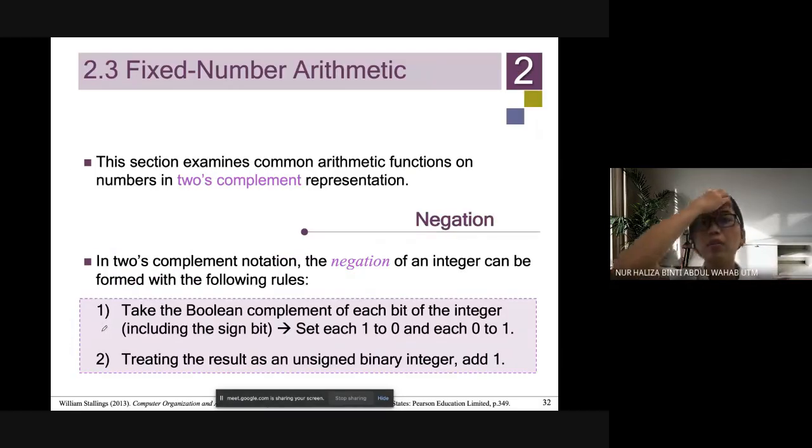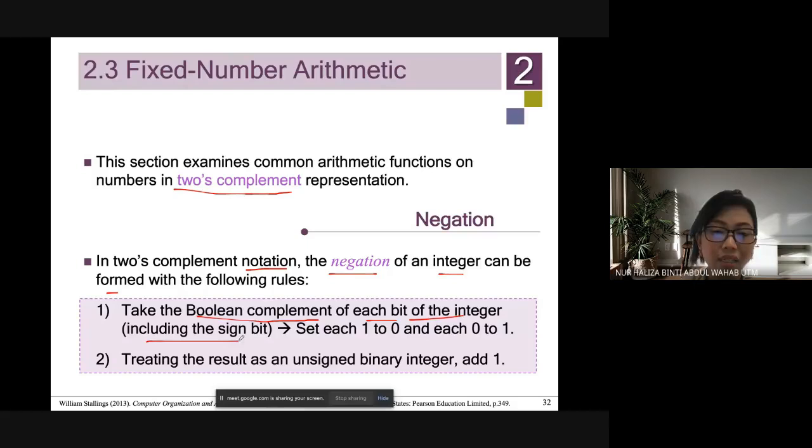Okay, first of all, we're going to look into negation. In this section under negation, you're going to see an exercise commonly used under arithmetic functions for two's complement representation. In two's complement notation, the negation of an integer can be formed in two steps. First, take the Boolean complement of each bit of the integer, including the sign bit, setting each 1 to 0 and each 0 to 1.